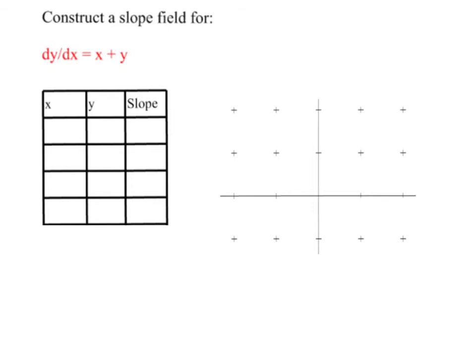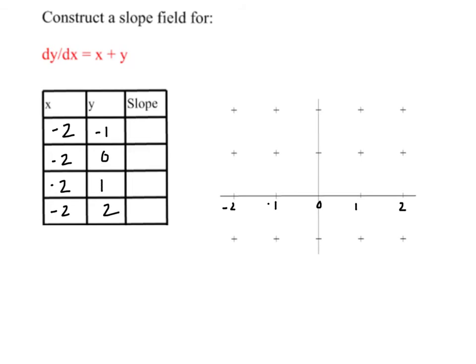Okay, so I'm going to do this one a little bit differently. I'm going to start with x equal to -2, going up by kind of a normal scale. And I'm going to analyze all of the y's. We have -1, 0, 1, and 2.